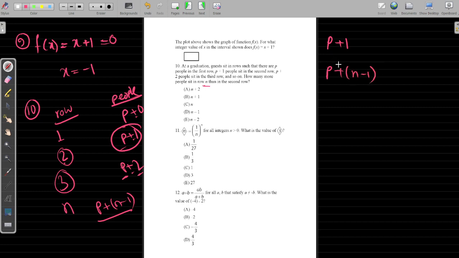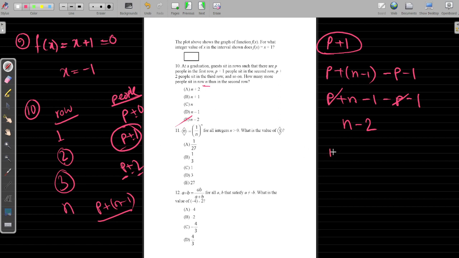So if I subtract p plus 1 from this one, I get p plus n minus 1 minus p minus 1. So p and p cancel, then I will have n minus 2. So our answer will be this one.